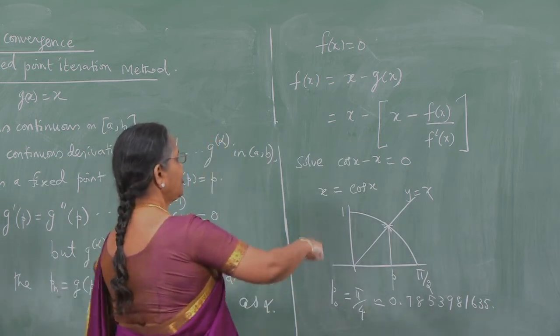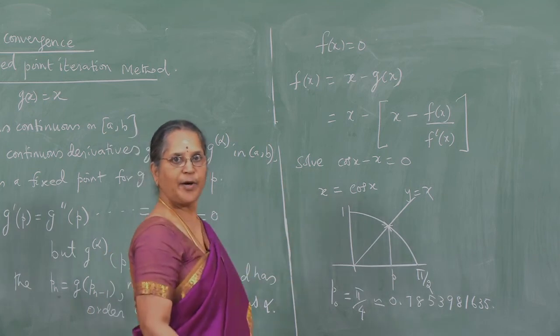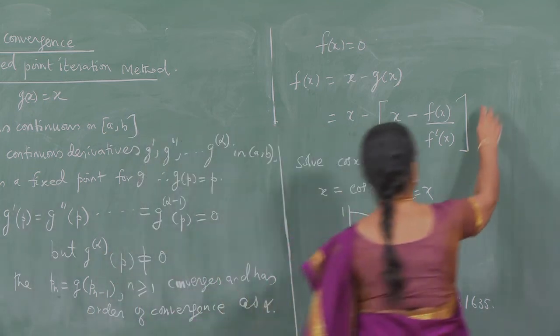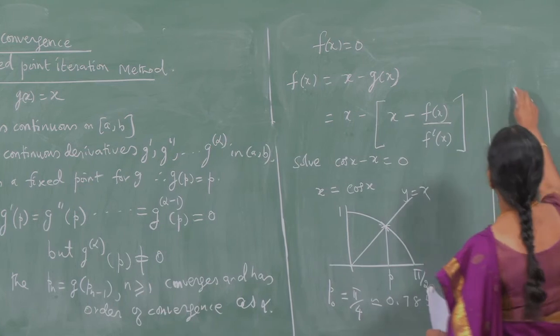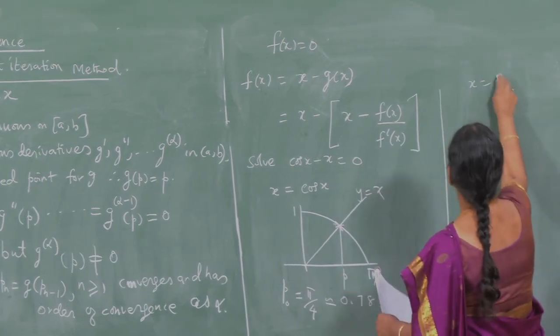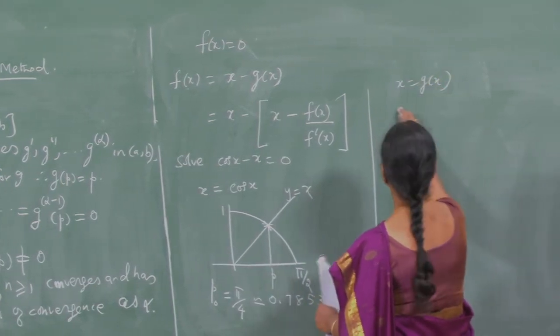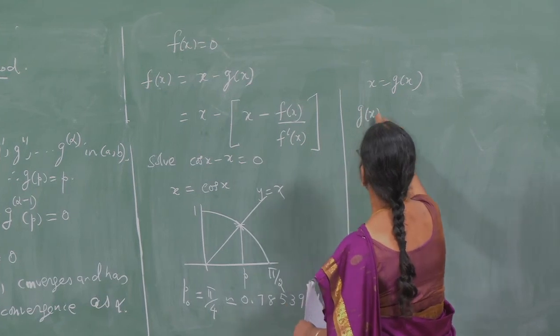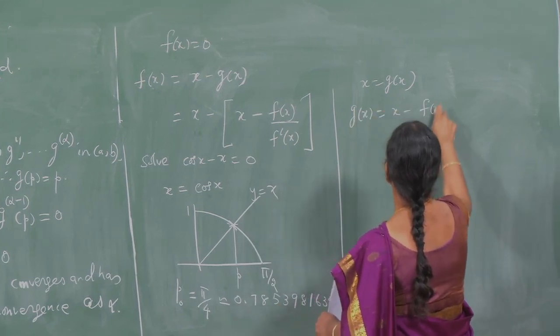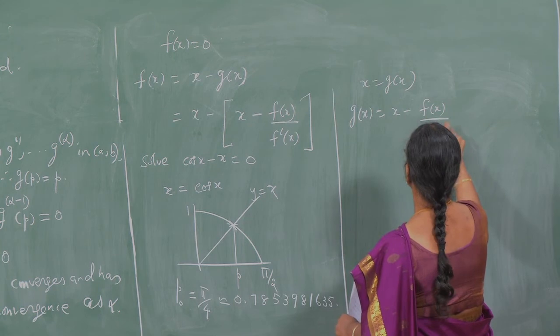I would like to solve it by the fixed point iteration method, namely the method is going to be x equal to g of x, where g of x is x minus f of x by f dash of x.